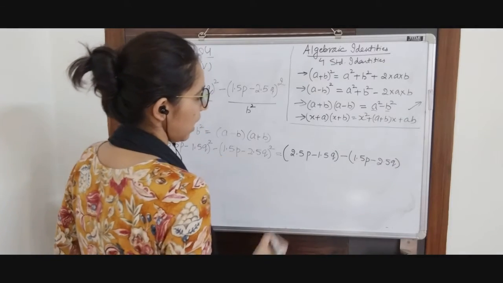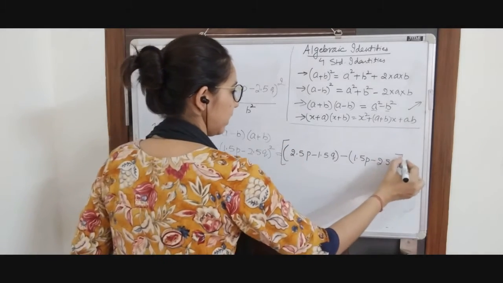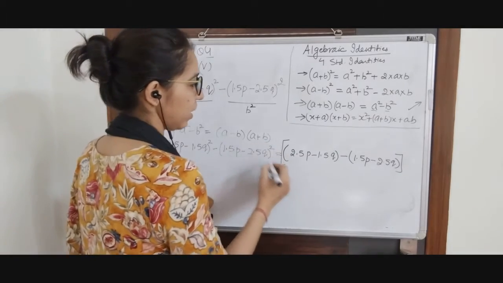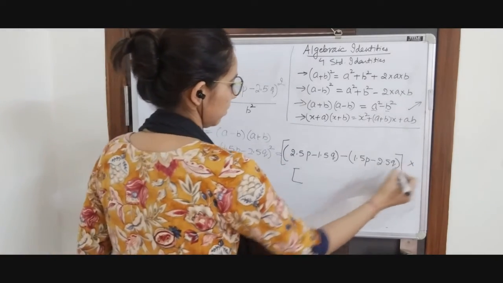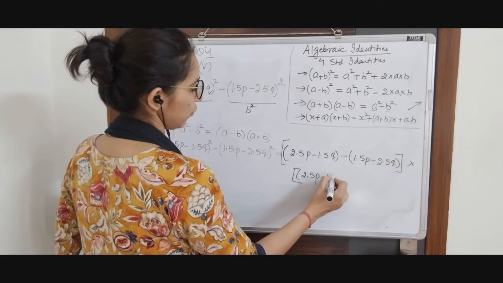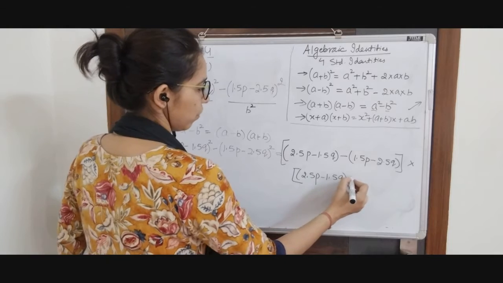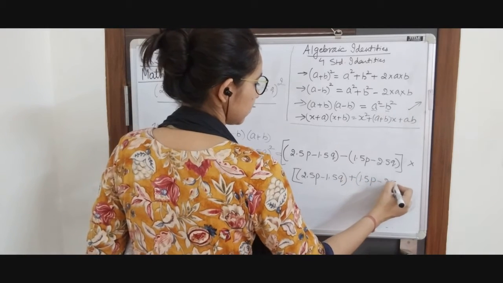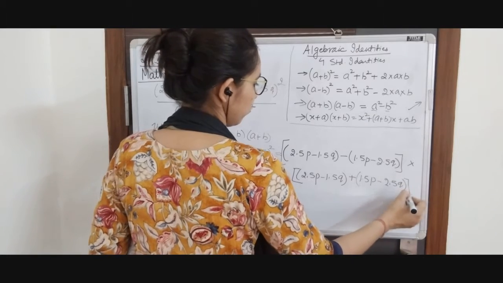A minus b. I am going to put them inside larger bracket. Then we have multiplication and a plus b. So multiplication a plus b, 2.5p minus 1.5q, bracket close, plus 1.5p minus 2.5q, bracket close.